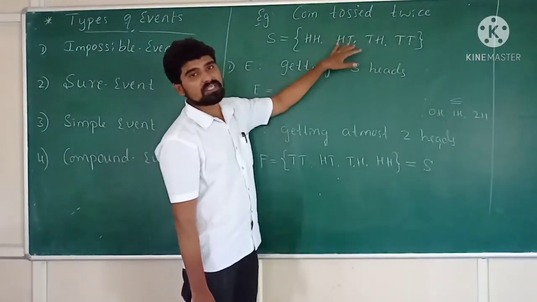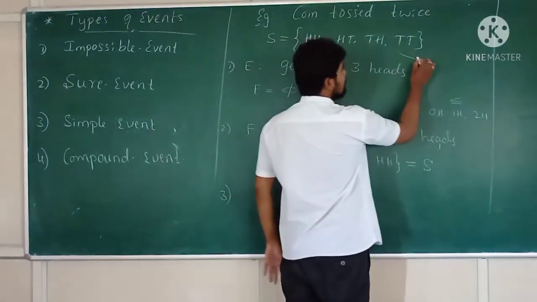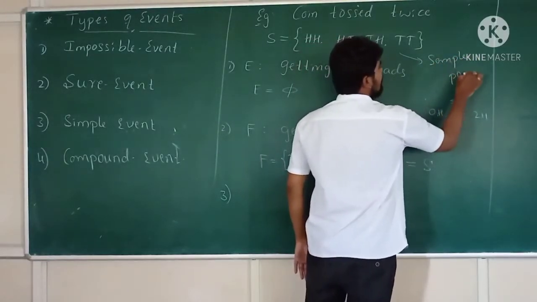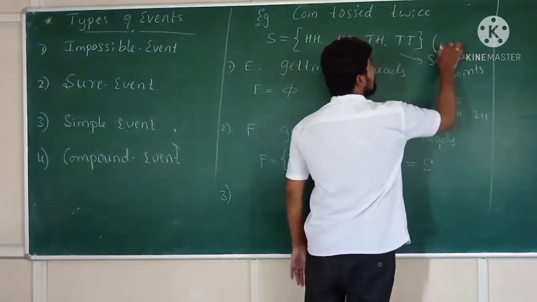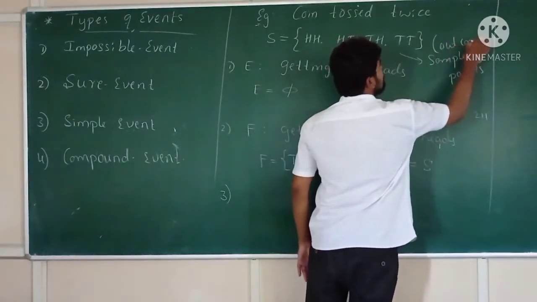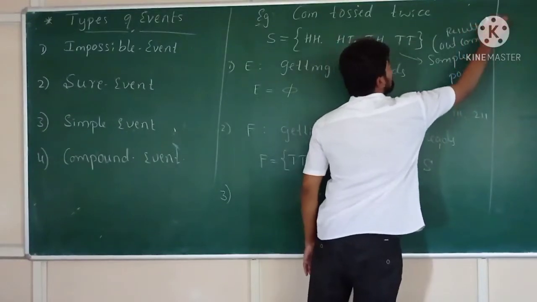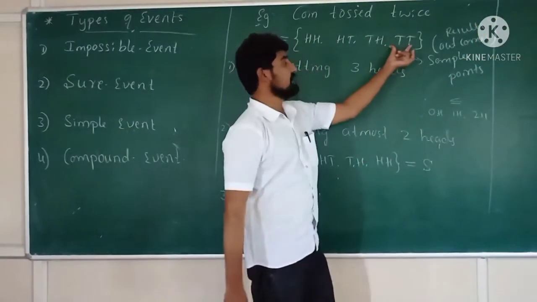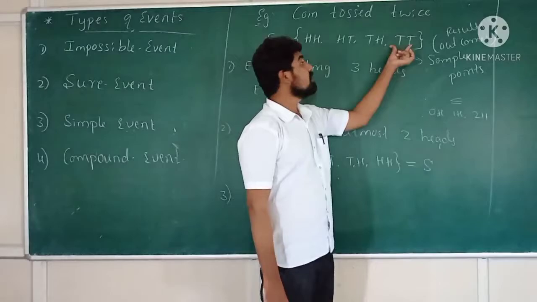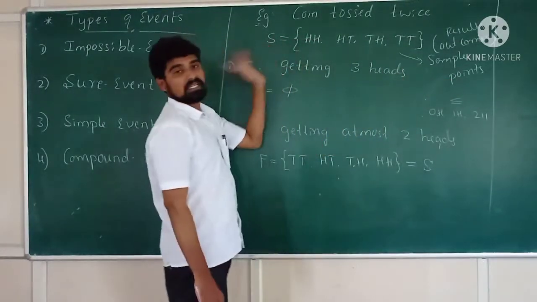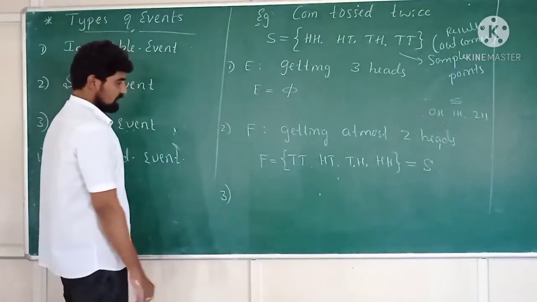Sample points or outcomes are what? Results of the random experiment. HT is an outcome of the random experiment, or result of the random experiment, or sample point of this sample space. I hope all of you understand.